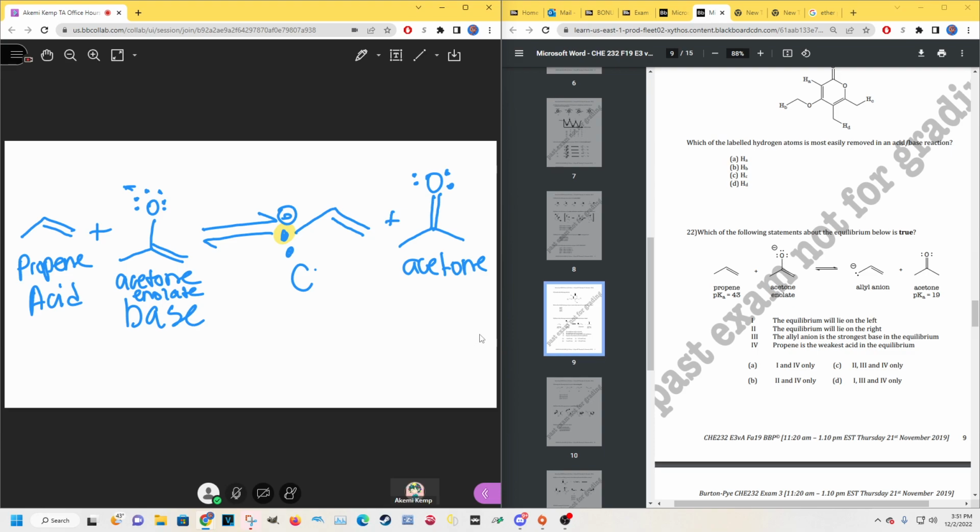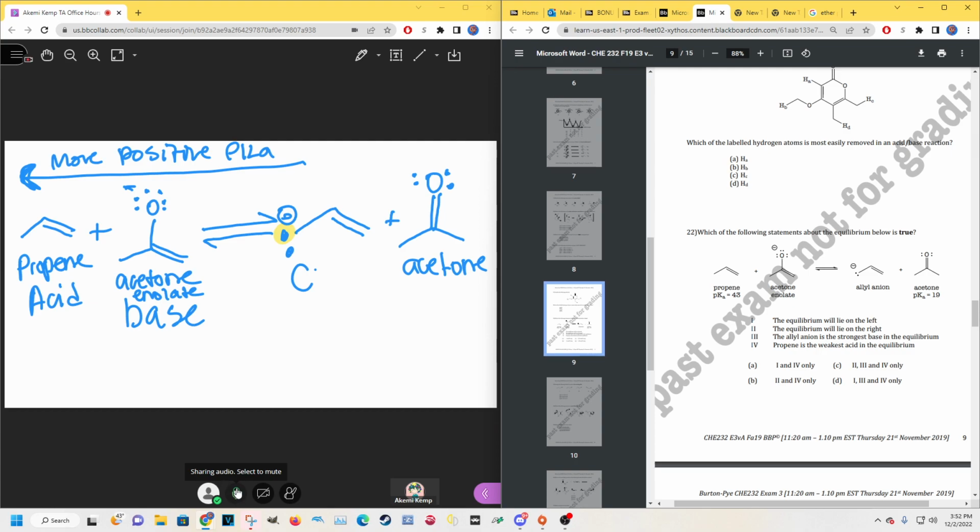The equilibrium will lie on the left. The more positive the pKa, the weaker the acidity.